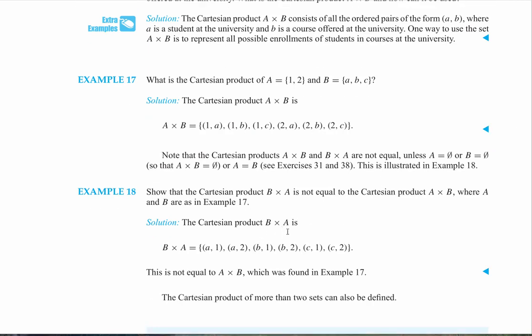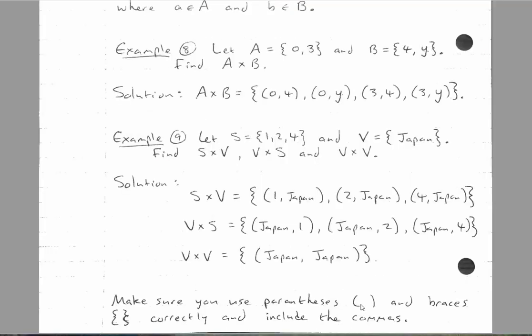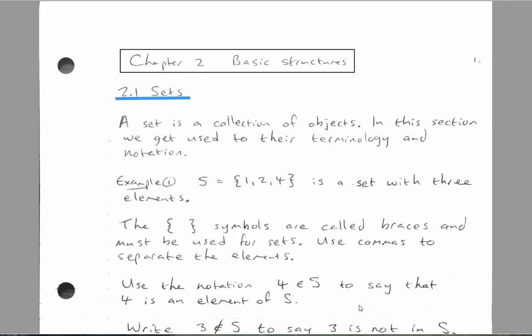And this is similar if you switch. B cross A has the elements of B first. And there is a way to combine the Cartesian products of more than two sets: instead of ordered pairs, it's ordered n-tuples. We'll come back to that. Okay, so that's our introduction to sets and all their notation.